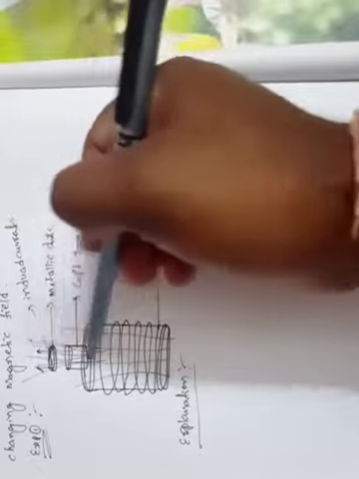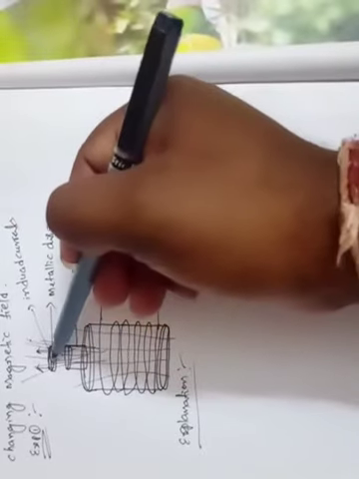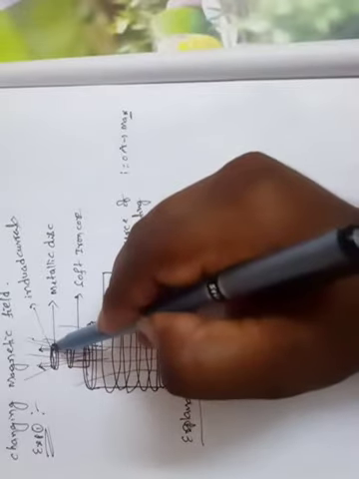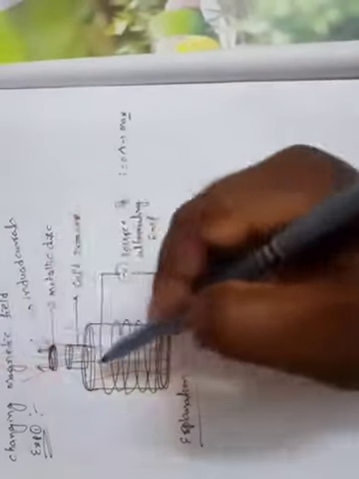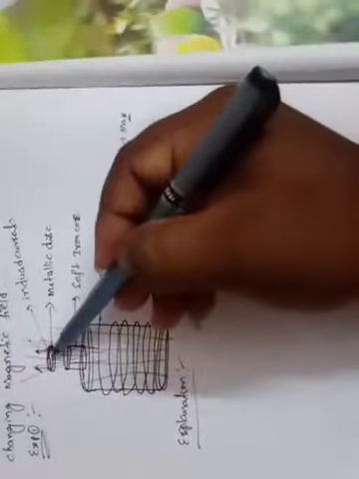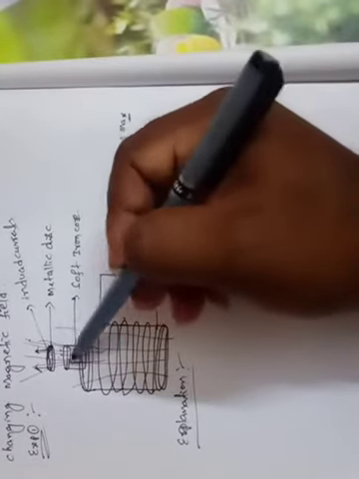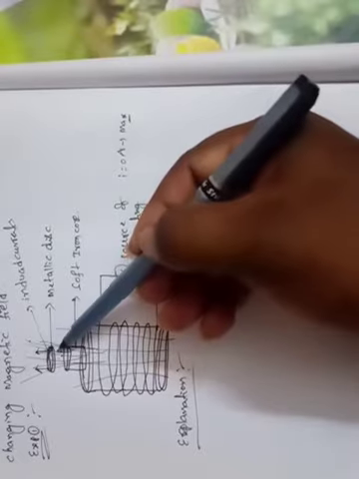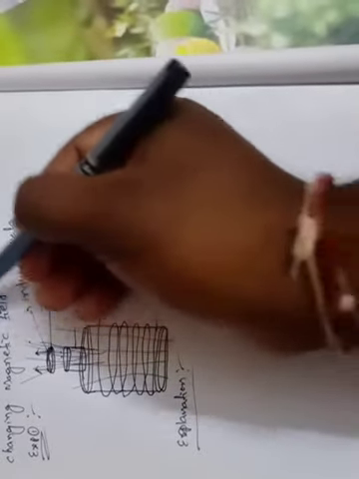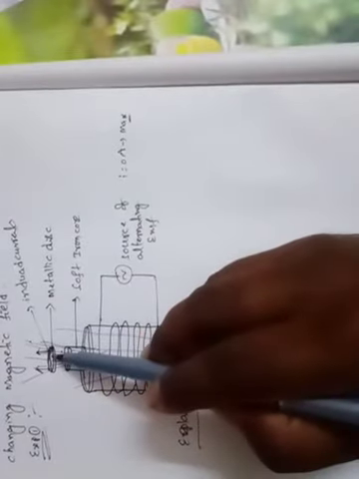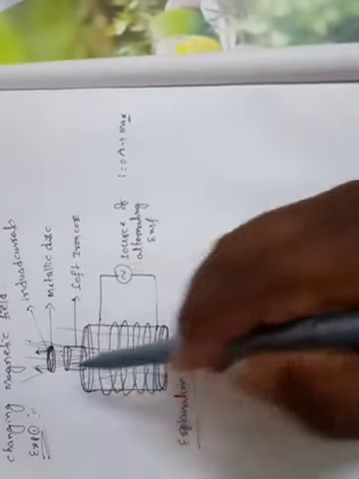To oppose means in this direction, so it will experience a force in this direction, because it is opposing the changing magnetic flux. So it experiences an opposing force, and that's why this metallic disc is thrown up into the air.